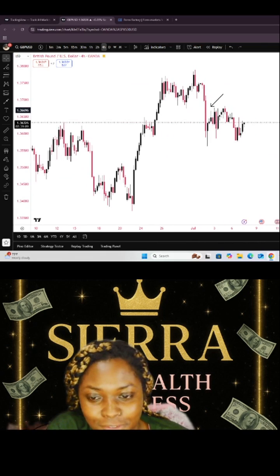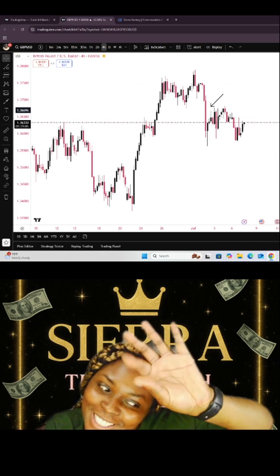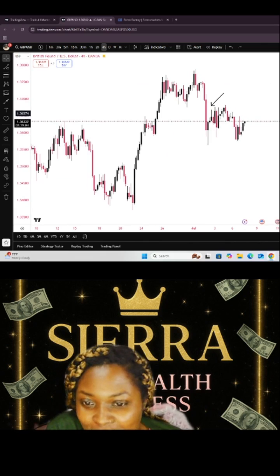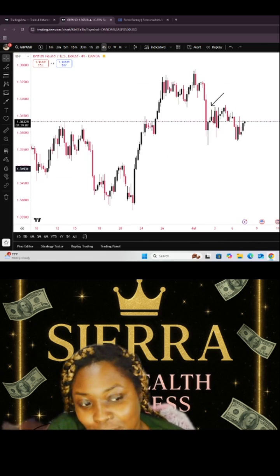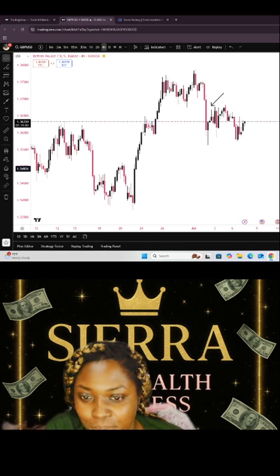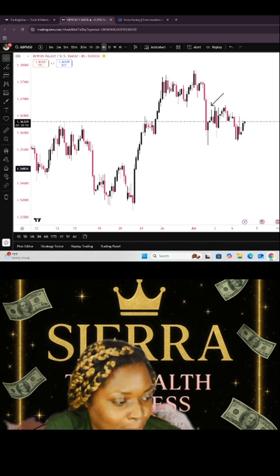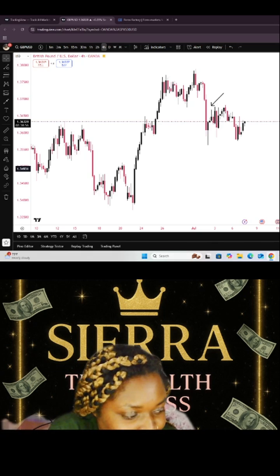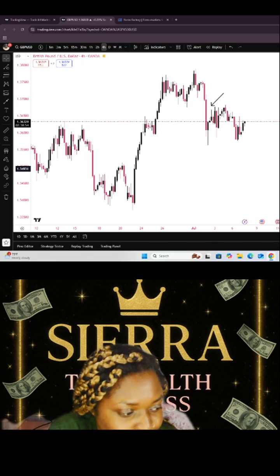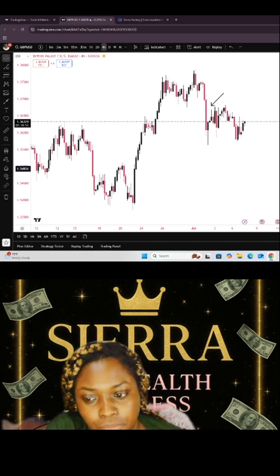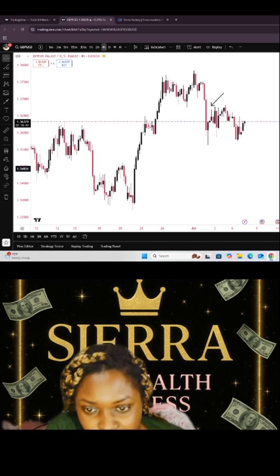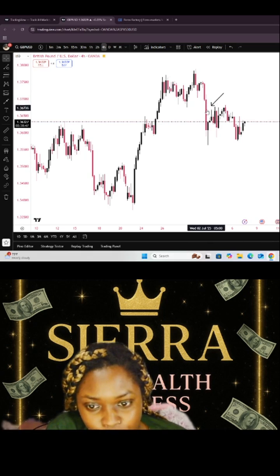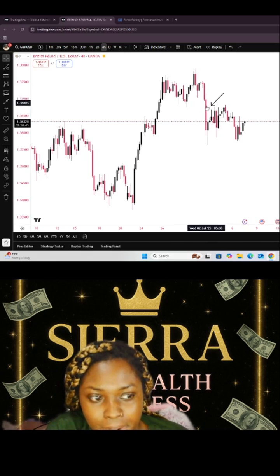Yes, highly favored. What do they do? Fair value gap. Now, is it a bullish or a bearish fair value gap? Bearish. Yep. Because the candle that created the gap is a bearish candle.